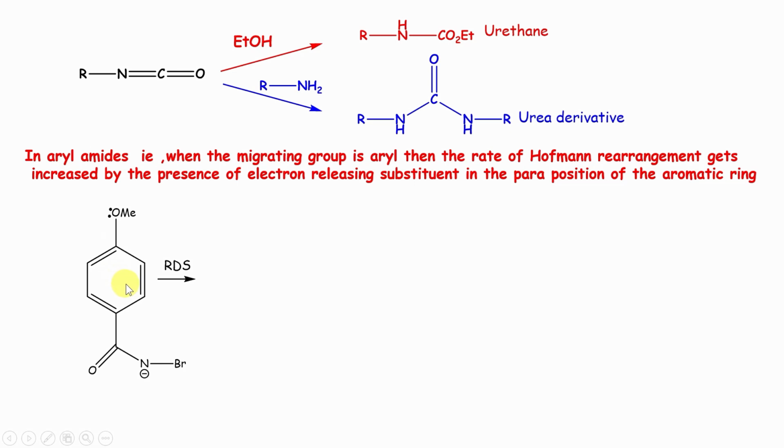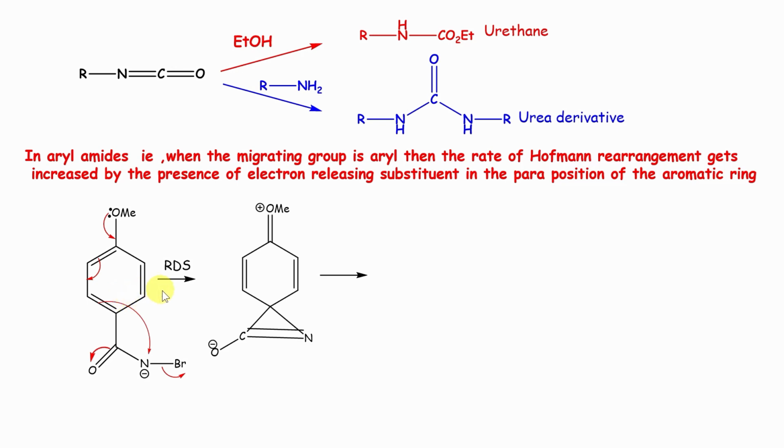Then in the rate determining step, the electron releasing group releases the electron towards the benzene ring and the rate of reaction is increased. Then the benzene ring migrates towards nitrogen in the rate determining step, forming this dipolar ion. Then bond breaking takes place by donating the electrons from oxygen of the carbonyl group to the carbon atom.